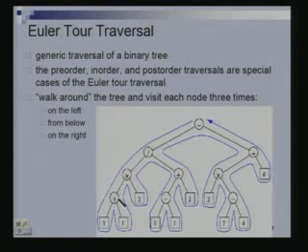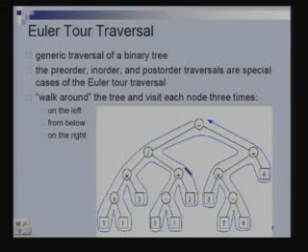But every internal node will be touched thrice in this manner. Yeah. So I should actually qualify: every internal node which has 2 children. If the node has only 1 child, then you will touch it only twice. Okay.